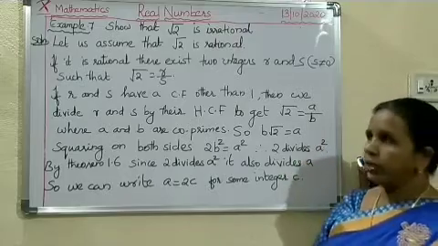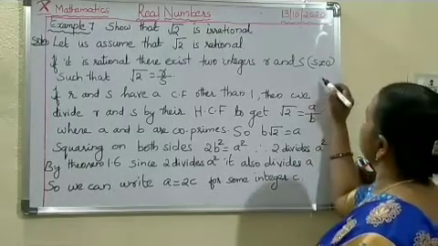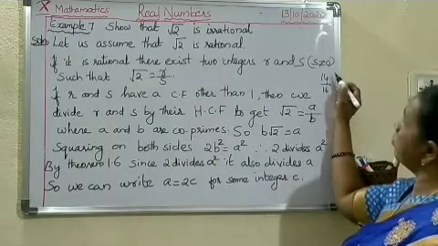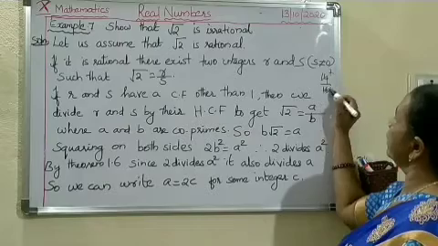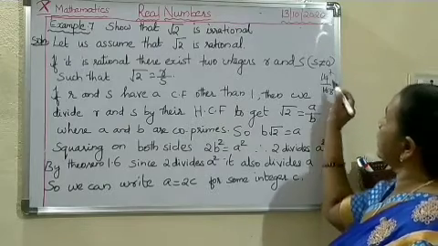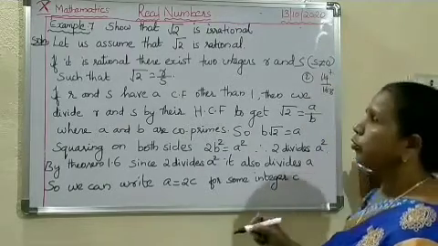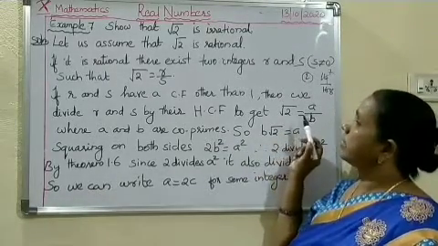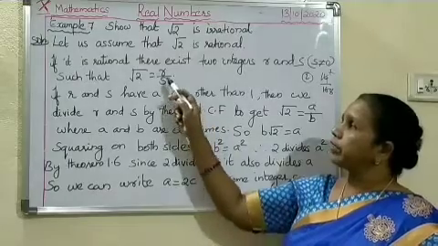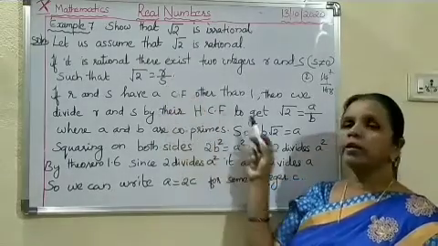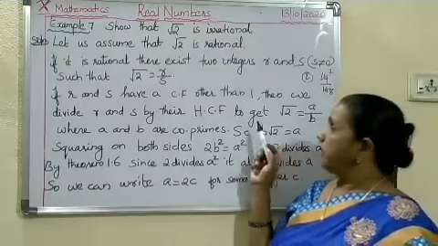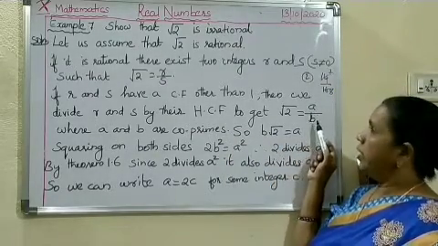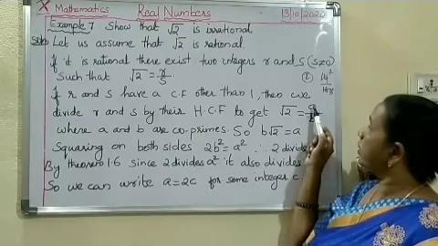For example, if we got root 2 equal to 14 by 16, we cut by the highest common factor 2, and get 7 by 8. Same like that, here the highest common factor is, say, k. We are assuming that r and s have a common factor, therefore we divide by their HCF to get root 2 equal to a by b.